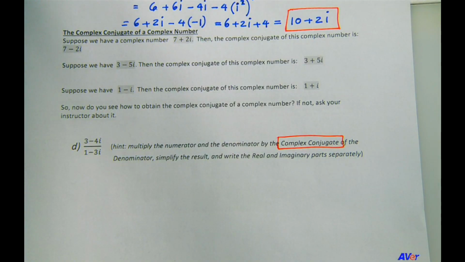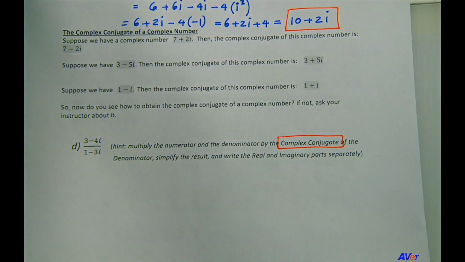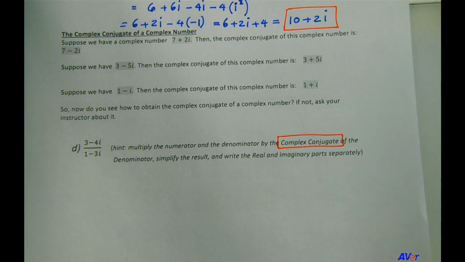So that's the complex conjugate. And the importance of it is that we're going to use it to rationalize the denominator of a fraction that has complex numbers in it. Okay? Just like we didn't want to have radical expressions in the denominator of a fraction, we do not want to have a complex number in the denominator of a fraction. Okay?